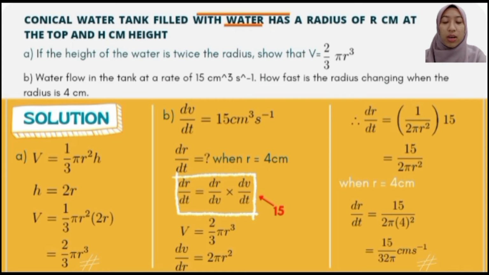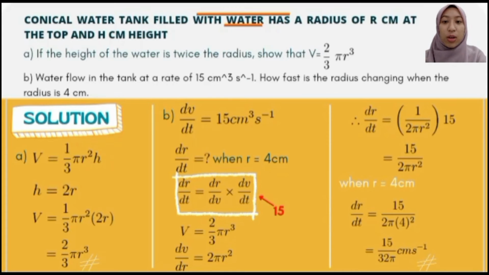The volume for a conical water tank, which is a cone, is 1 over 3 pi r square h. The height of the water is twice the radius, which means that h is equal to 2r. So V equals 1 over 3 pi r square times 2r, and we get 2 over 3 pi r cube.